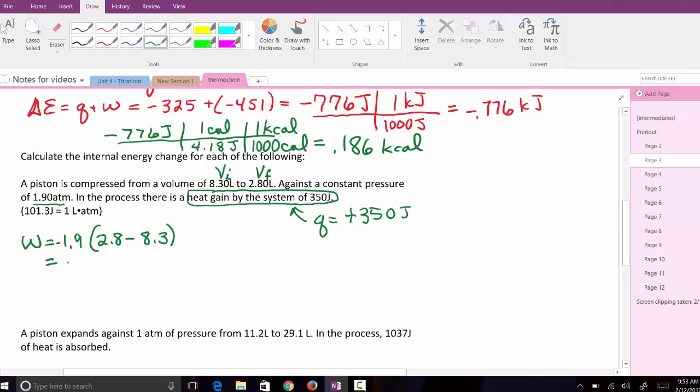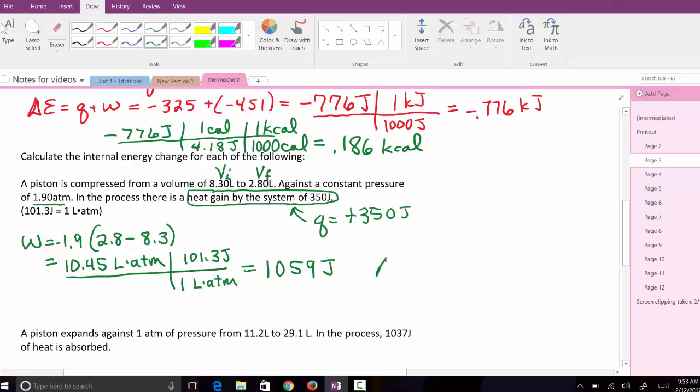So I'm getting 10.45, and that is in liter atmospheres. And then now I have to convert, and 1 liter atmosphere is 101.3 joules. So times 101.3, and so 1,059 joules. And that's positive.